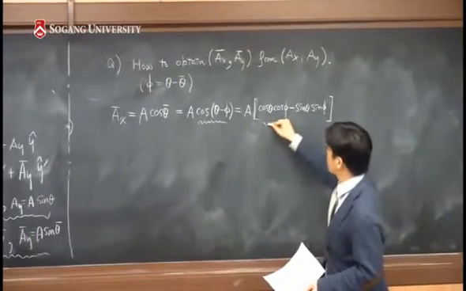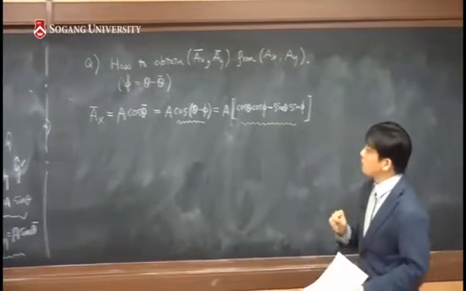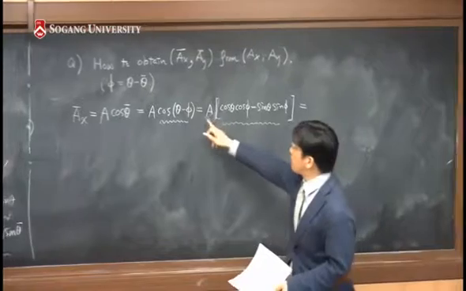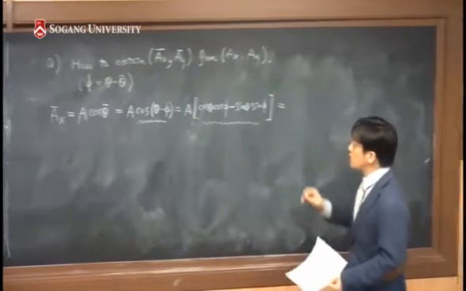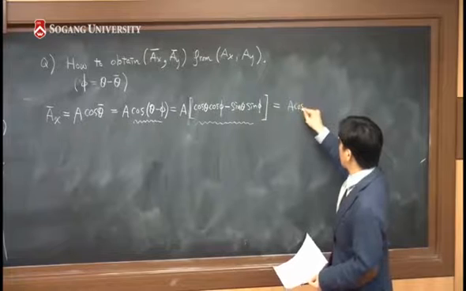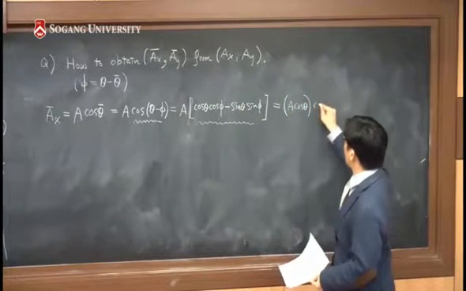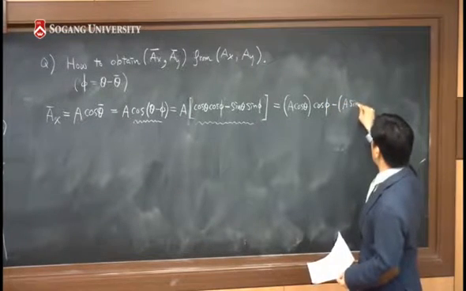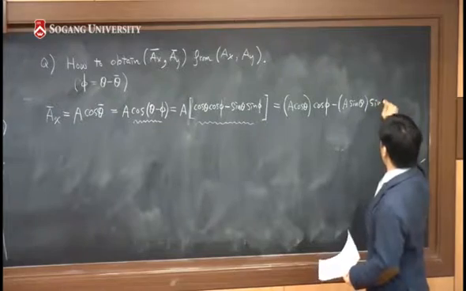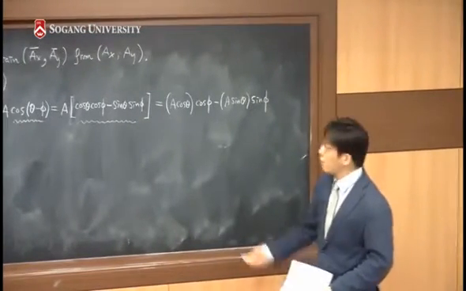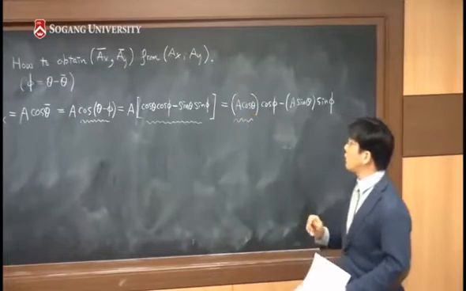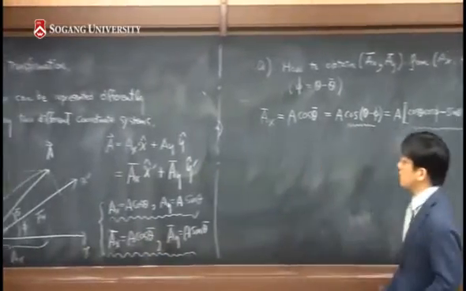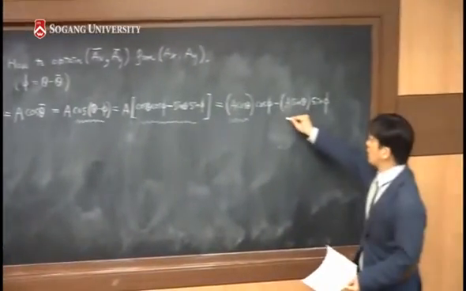These two are the same; it's an identity. From here, what you can do is plug the a into the brackets, and you have a cosine theta and cosine pi minus a sine theta and sine pi. Here you know that a cosine theta is originally defined as ax, and the same goes for ay.